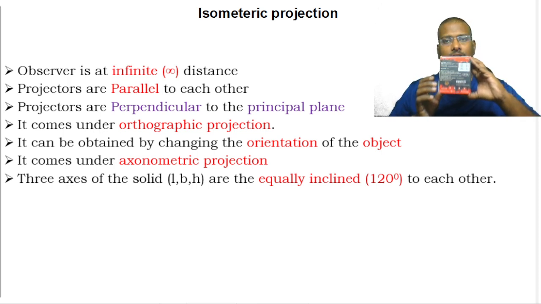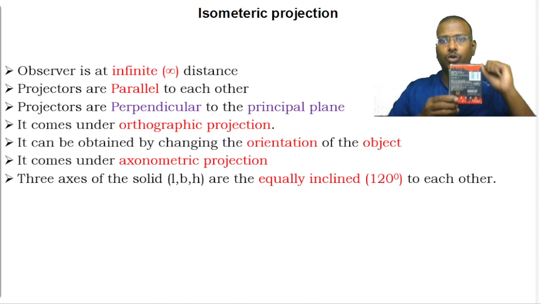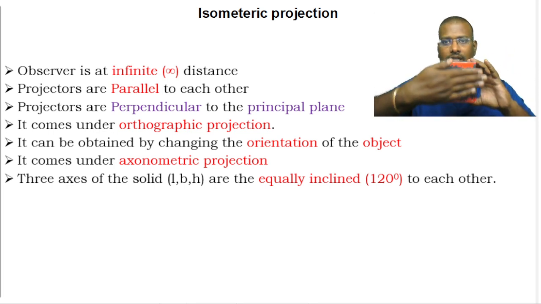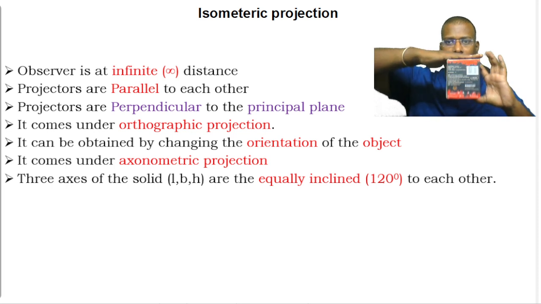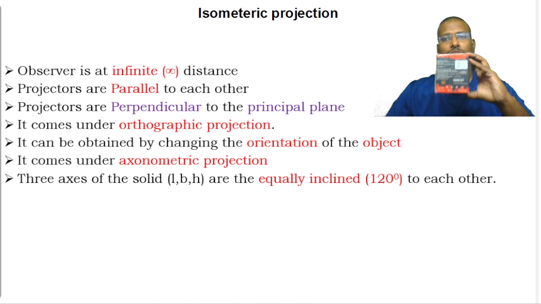So when can we get the three axes making 120 degrees with each other? Just observe. This is the front face, parallel to the observer. Assume you are the observer. The front face is parallel to you. The top face is perpendicular to the observer. The side face is also perpendicular to the observer.